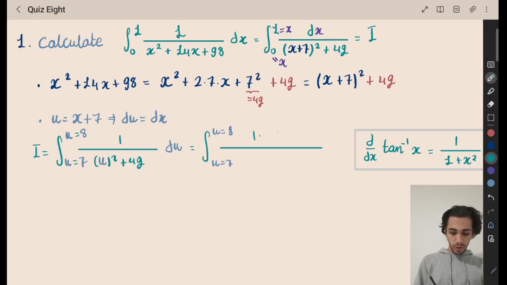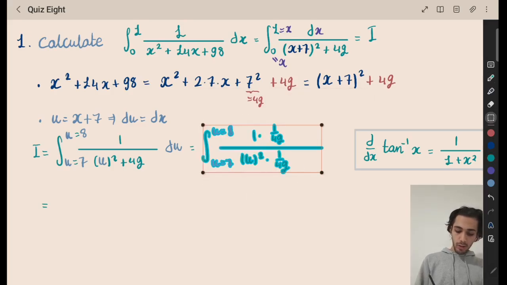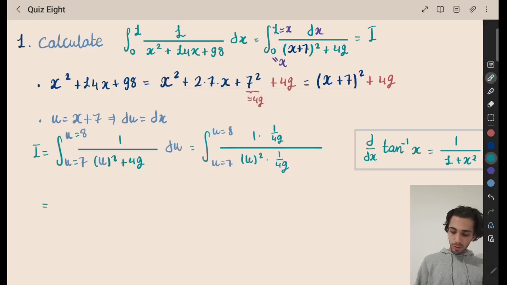Here I'll multiply by 1 over 49. There I'll multiply by 1 over 49. I can also write this, I can bring it outside. The integral, of course, this is with respect to u.